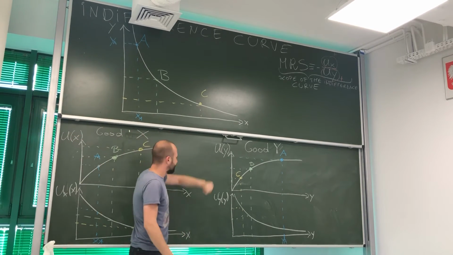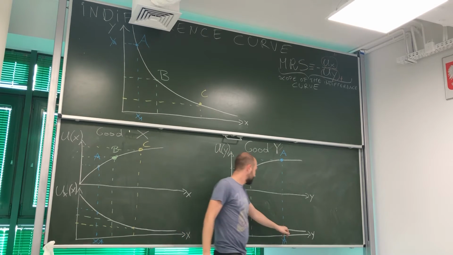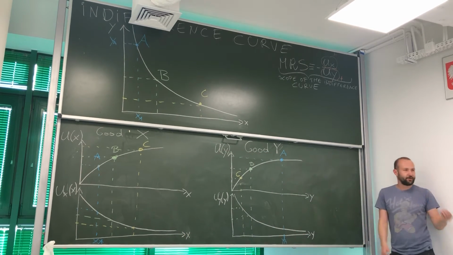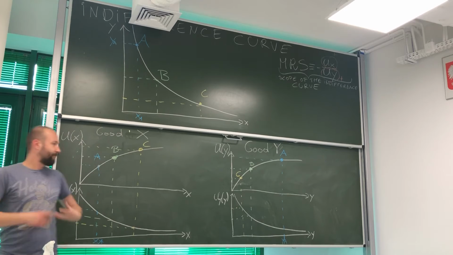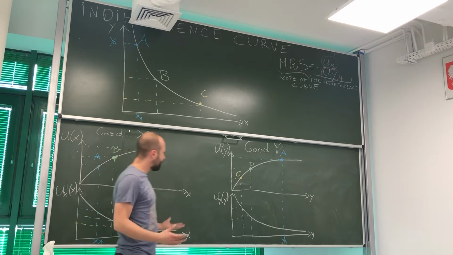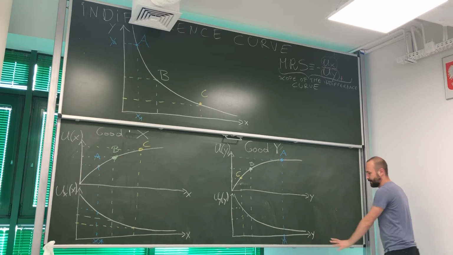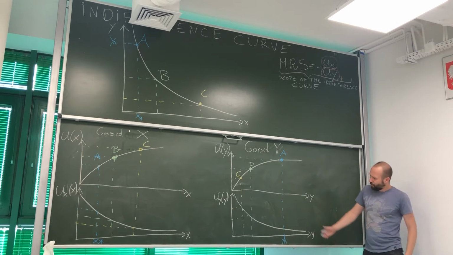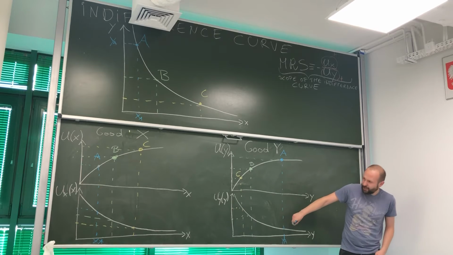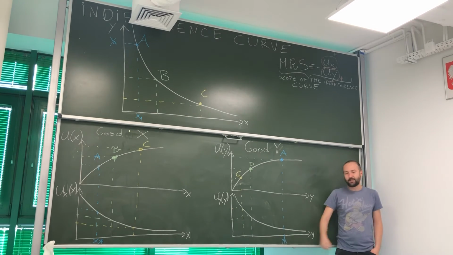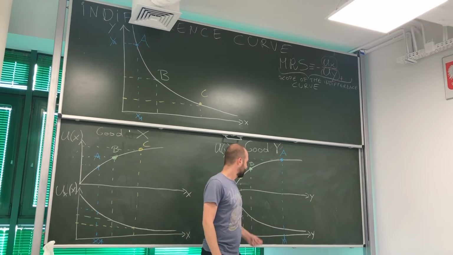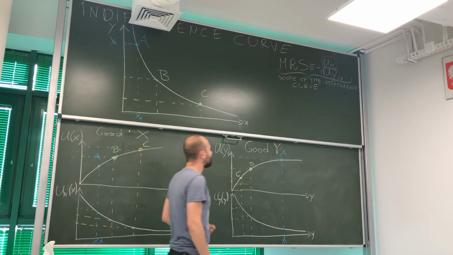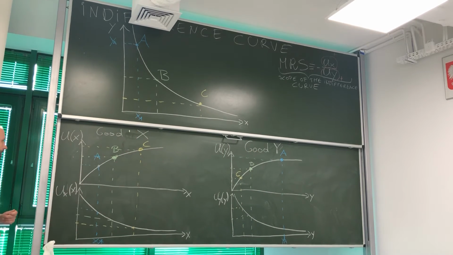Well, it brings him a lot of utility, but he's not valuing this very much. Why? Look, because he already has a lot of good Y. So getting a new one would get him only a little additional utility, and actually sacrificing one would also mean that the customer would only sacrifice just a little of additional utility.